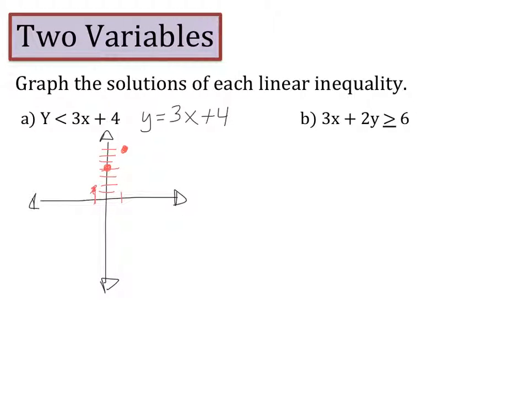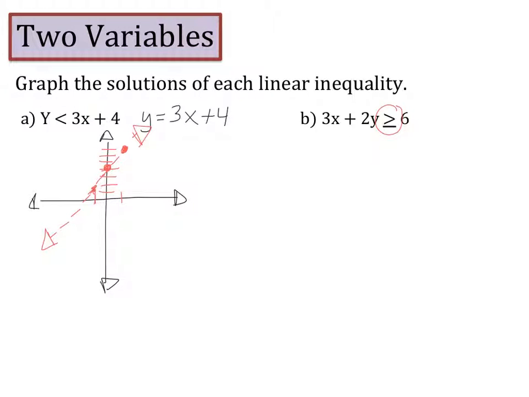Now, since we're graphing an inequality, that means that these values aren't exactly on that line. So the way that we represent that is we do a dotted line. We do a dotted line if it's a less than or a greater than, and if it's less than or equal to or greater than or equal to, like this one over here, that would be a solid line.